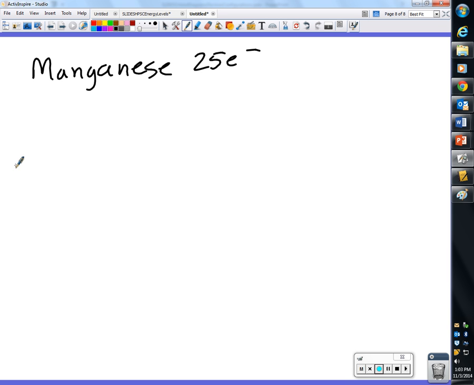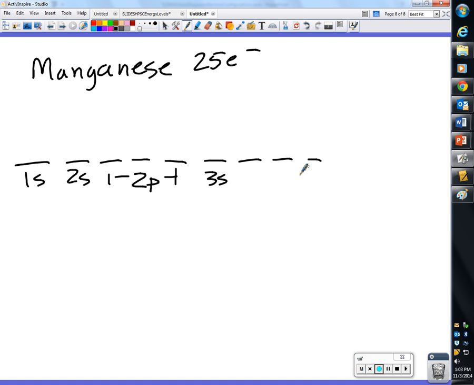So 1s, 2s, 2p, 3s, 3p, 4s, but then the next one up after 4s is 3d. How many d orbitals are there? 5. 1, 2, 3, 4, 5. You have to write all of them.